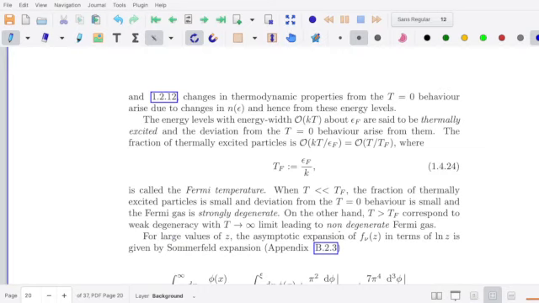And these energy levels of width of the order of kT about epsilon F are said to be thermally excited.